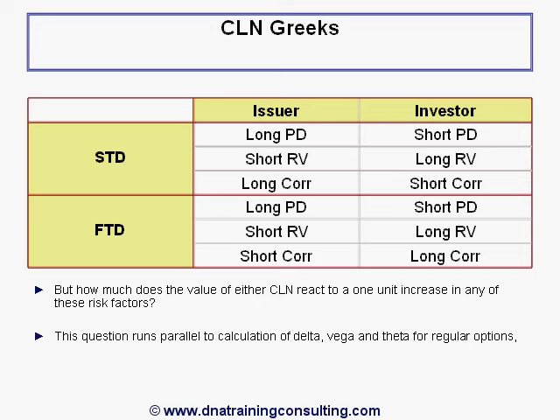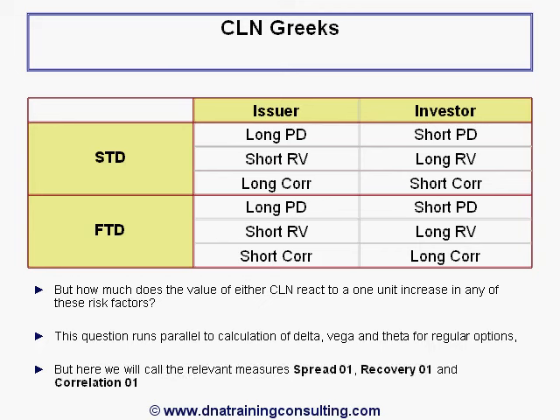Absent a standard terminology for the risk sensitivities in credit land, however, we will simply proceed to calculate what we will call the spread 01, recovery 01, and correlation 01 by analogy with the concept of DV01 in the case of fixed income instruments.